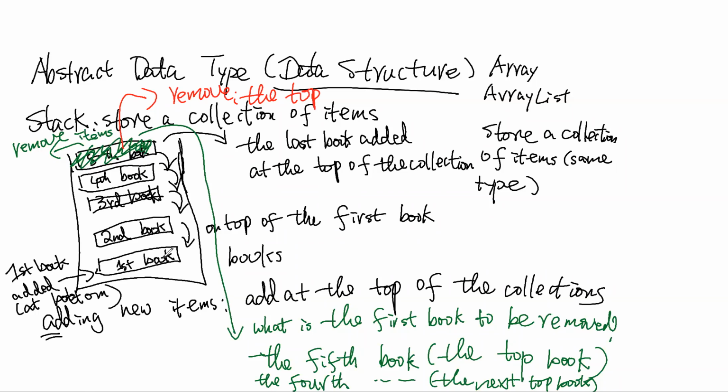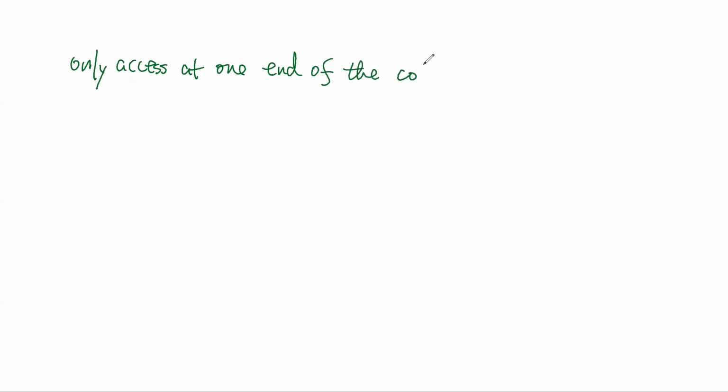So how do we understand this kind of concept? We only access one end of the collection of items.